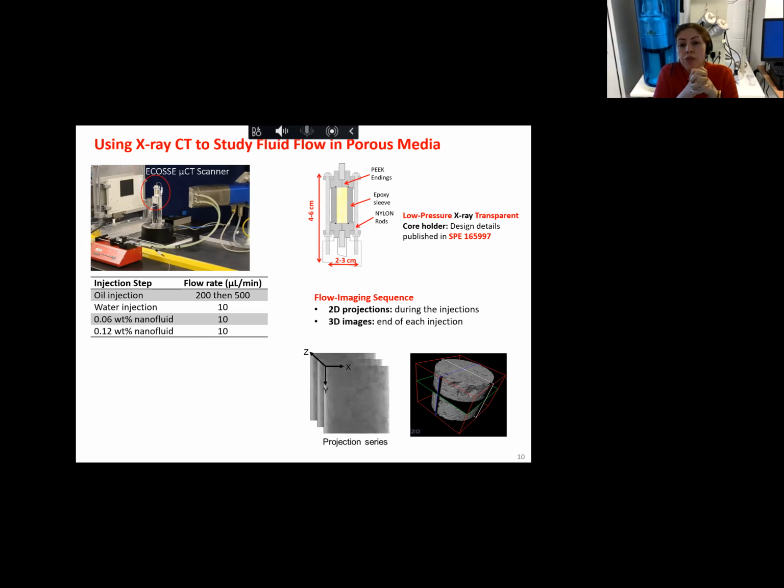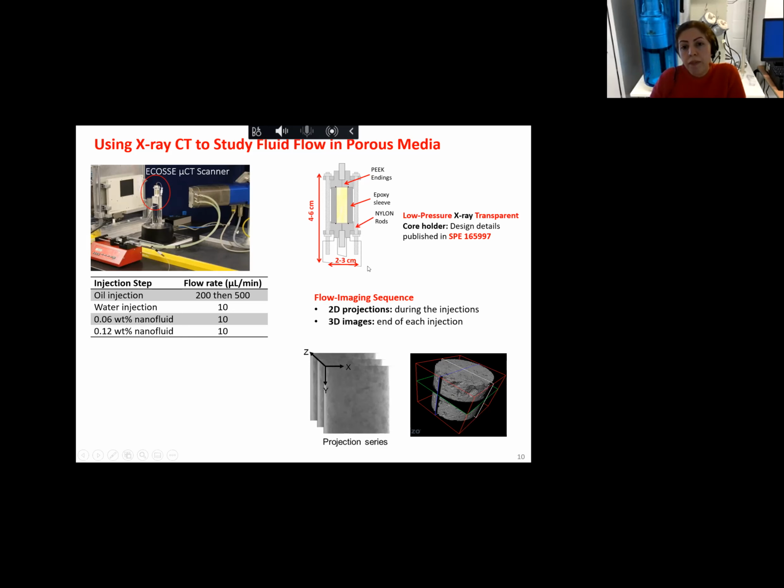So in order to collect more data and more information, we decided that during each injection step, we were going to collect thousands of 2D projections. Obviously from those 2D projections, you won't be able to reconstruct a 3D image, but as it turns out, and I'm going to show, you can actually establish quite a lot of understanding based on those 2D projections, the shadows of the cell on the camera.